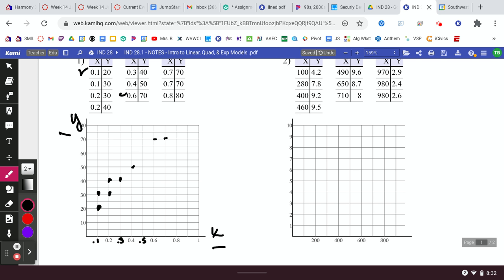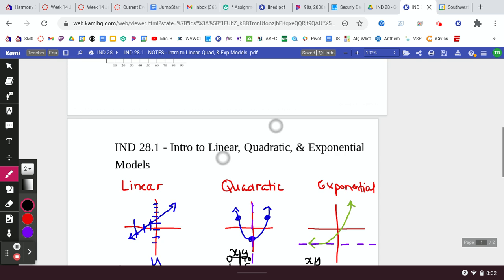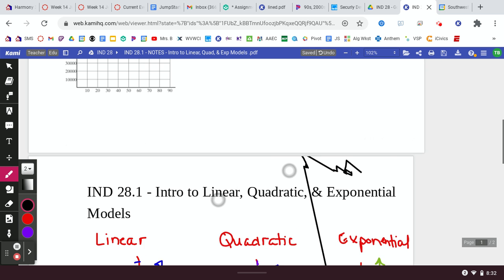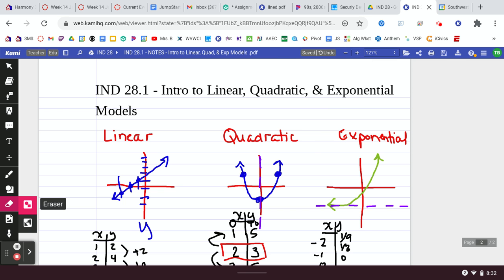All right, if you're looking at the model and you're guessing between linear, quadratic, and exponential, does this data tend to trend, it's not exact, but does it tend to trend linear, quadratic, or exponential? Meaning, does it look more like a straight line? Does it look like it's trending in a U, or does it look like it started out flat and then exploded really high in the air?